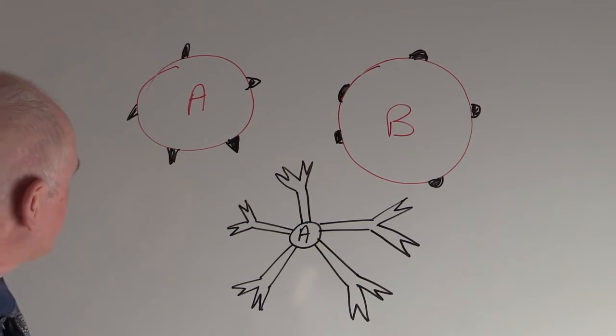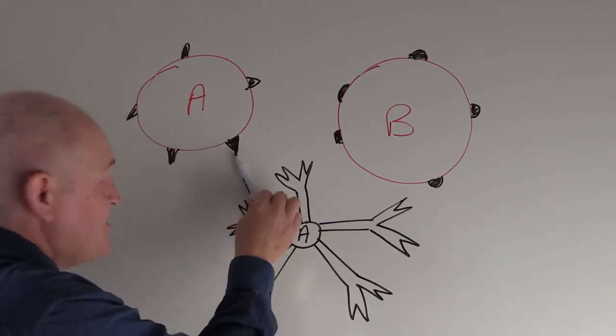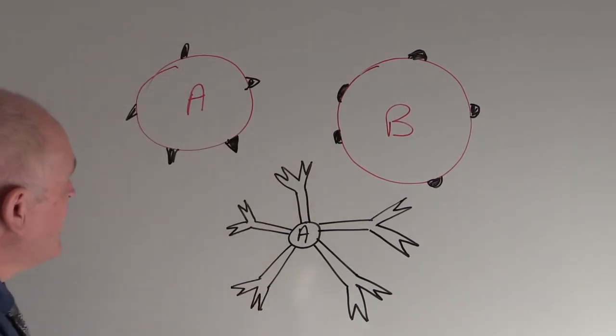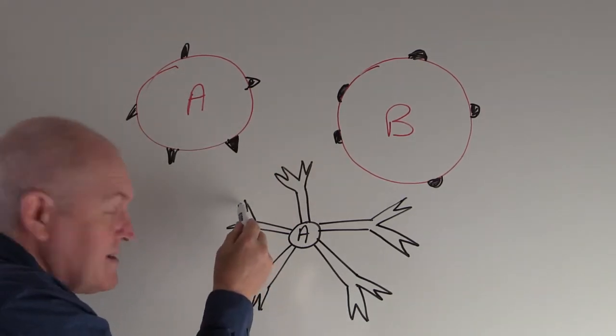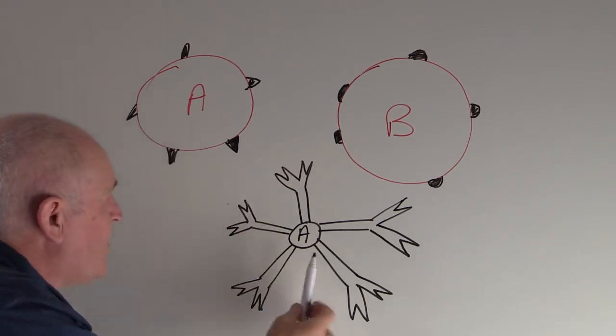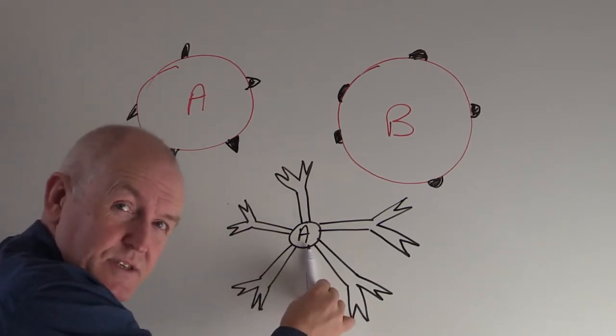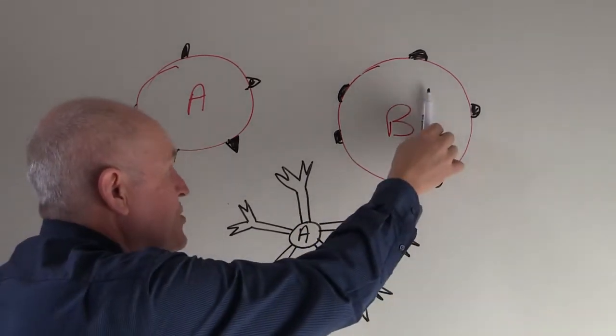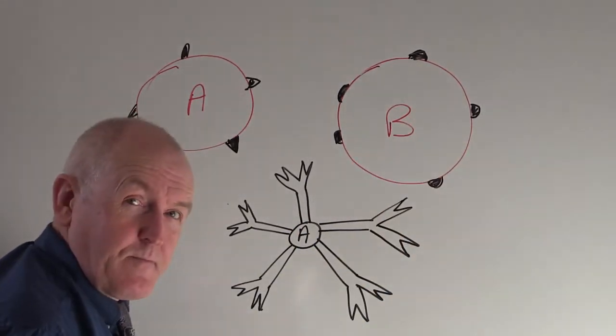Now, what we notice is that these antigens on the surface of the A red cell are just the right shape to fit into the receptor sites here of these A antibodies, which are naturally occurring in the group B blood.